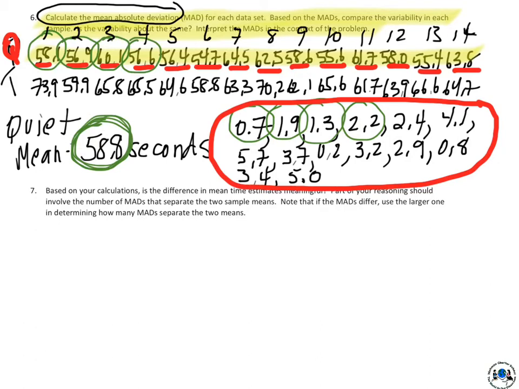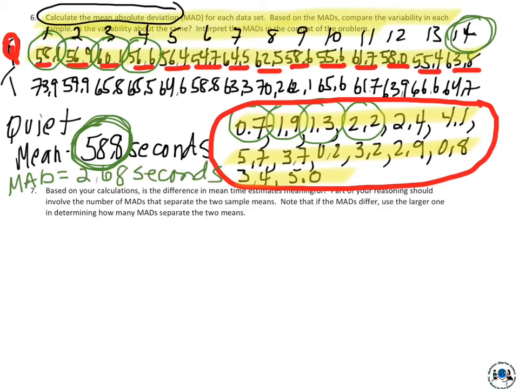The idea now is to add up all of these. If I add up all of those and then divide by 14, since there are 14 of them, I will come up with an MAD, a mean absolute deviation, of 2.68 seconds. What that means is that the average difference between my individual scores and the mean of all those scores is 2.68 seconds.